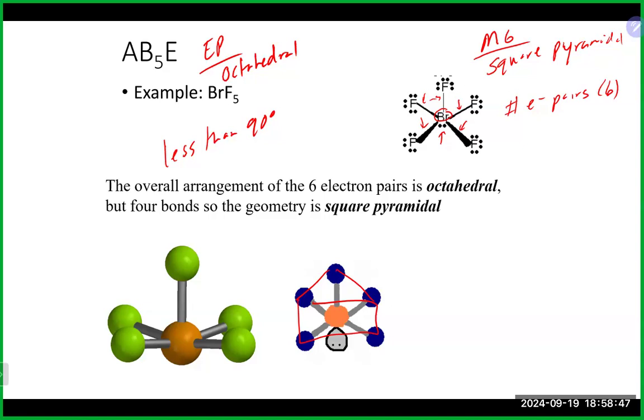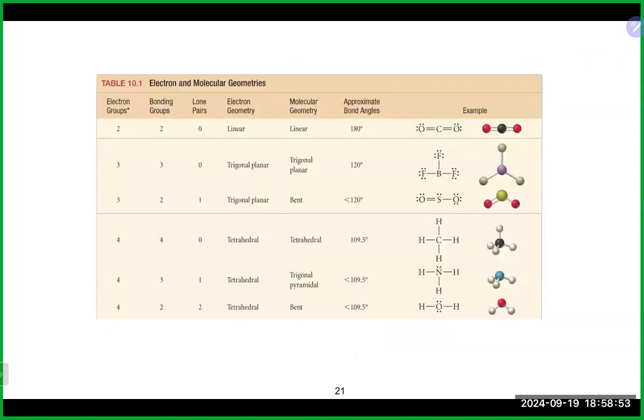Any questions on those? I would say, once again, most people cannot visualize three-dimensional space, myself included. So learning the number of electron pairs and bonds and the names of the geometries that go with them is probably the best approach for most people. And here's a table similar to one in your book that does that.